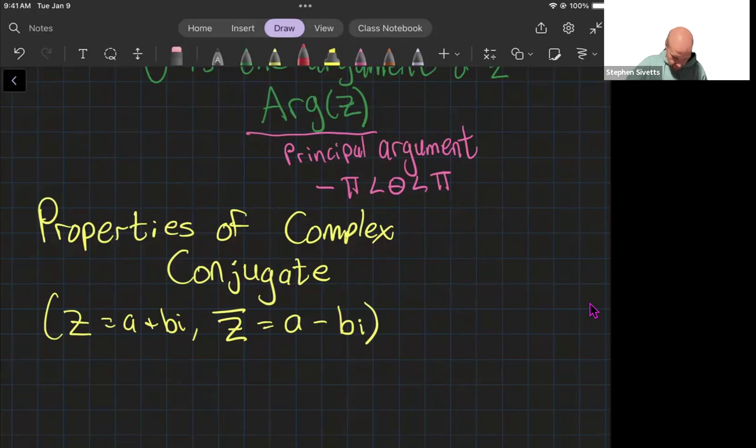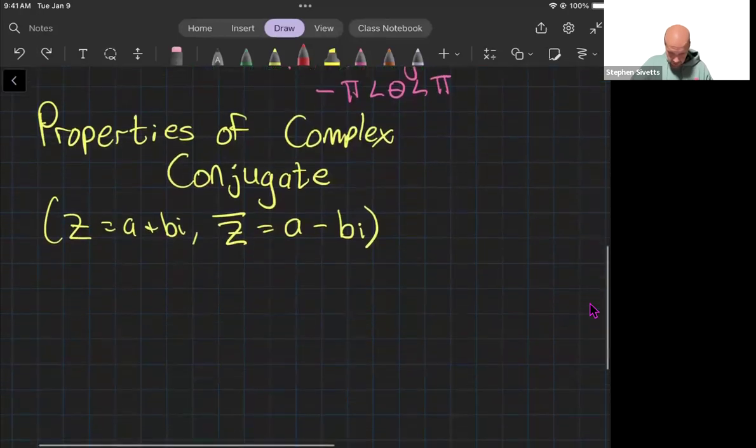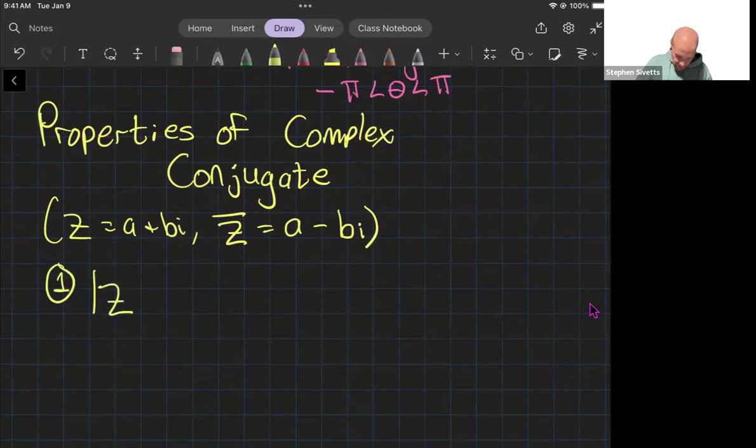That's how we compute the conjugate of a complex number. There are some interesting properties of the complex conjugate. If I take the modulus of z, it's equivalent to the modulus of the complex conjugate. That's important.